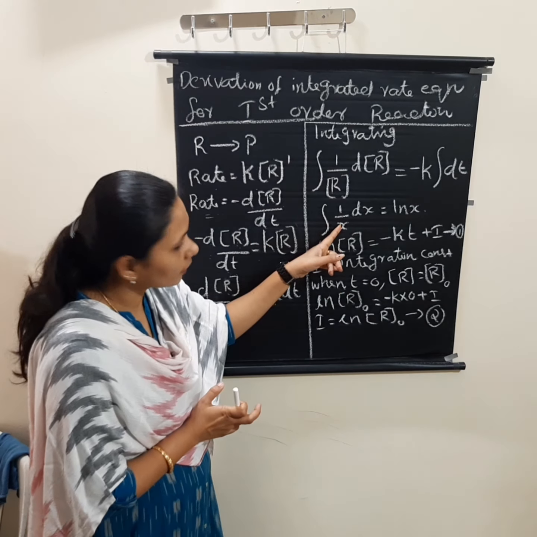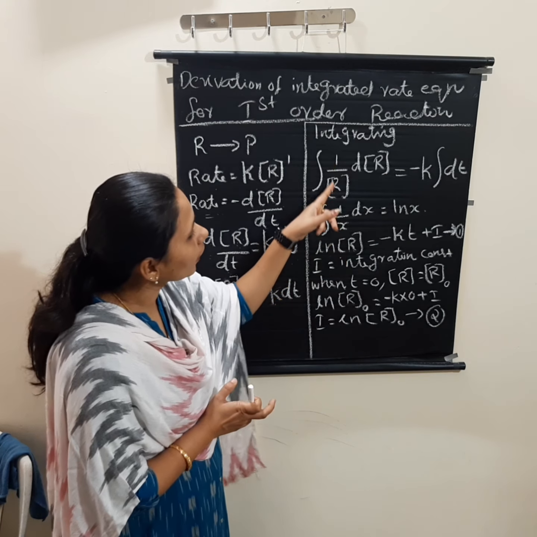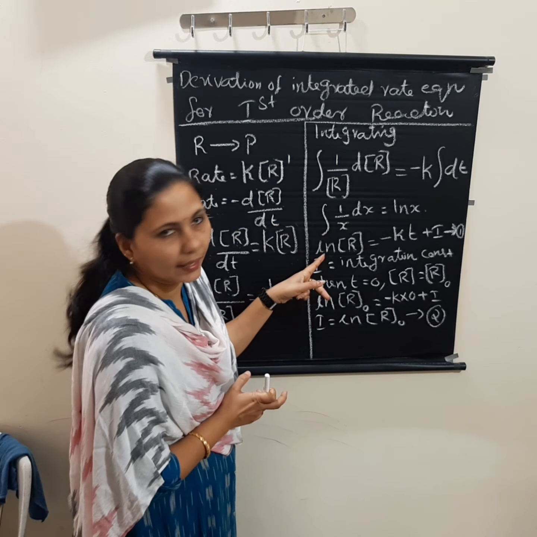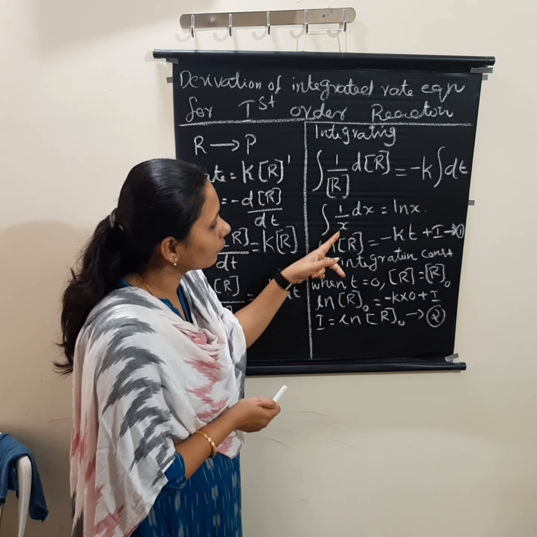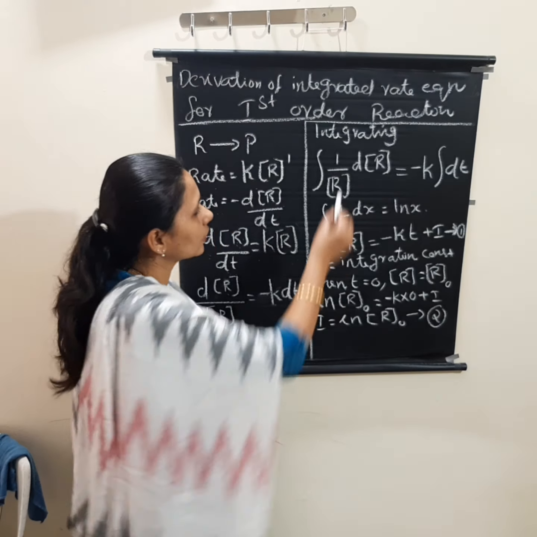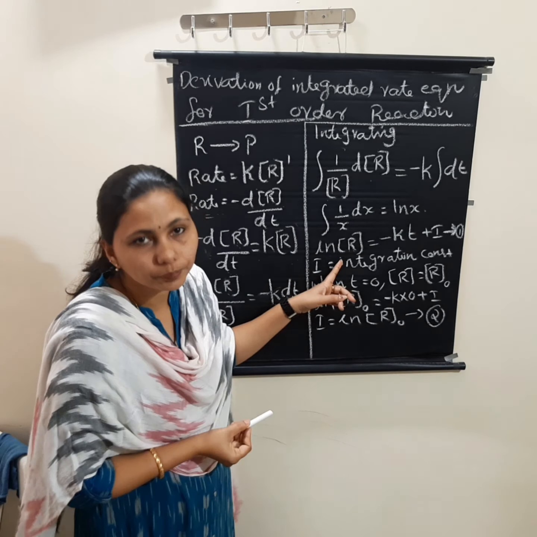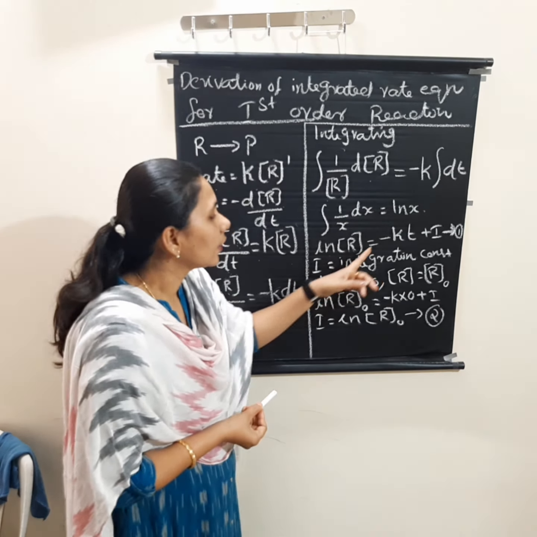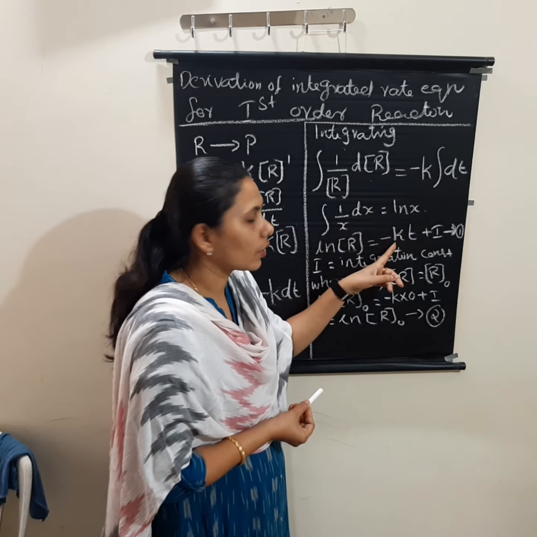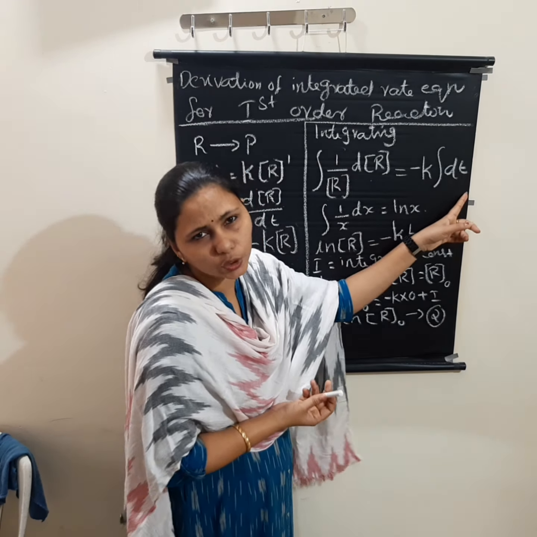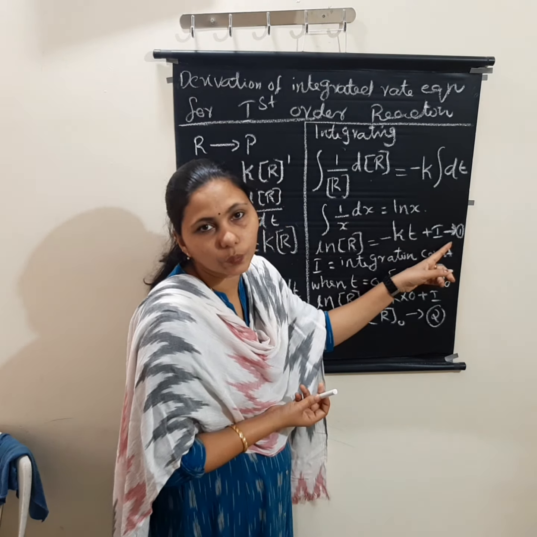So this is in the same form, no? The integral of 1 by [R] d[R] equal to what then? ln [R], because the integral of 1 by x dx equal to ln x. That is equal to minus K into the integral of dt, which is what? t plus I. What is I?